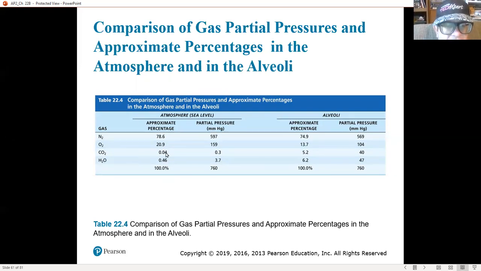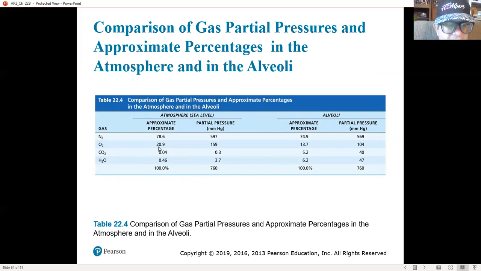Normally in the atmosphere, you have 0.04% of carbon dioxide, and you have 5.2. Why? Because we are loading up the lungs with carbon dioxide that we're going to breathe out. This is how we get rid of carbon dioxide.